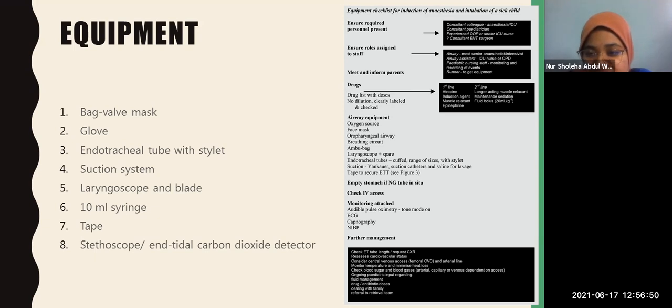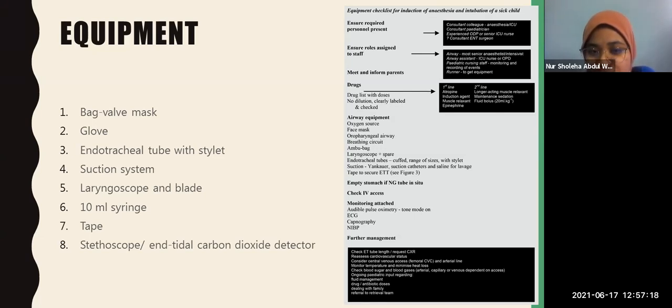The picture attached in this slide is about the checklist needed for ET intubation. First, we need to ensure the required personnel are present. Then we need to ensure that the roles are assigned to the staff. Then we need to meet and inform the parents about the procedure.